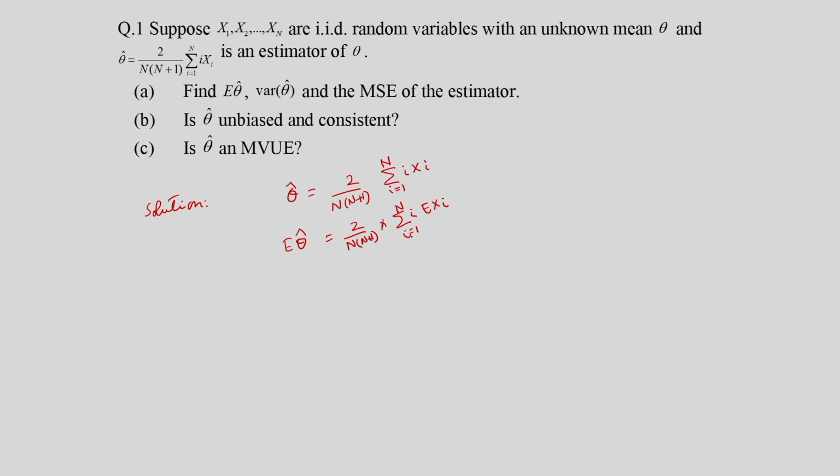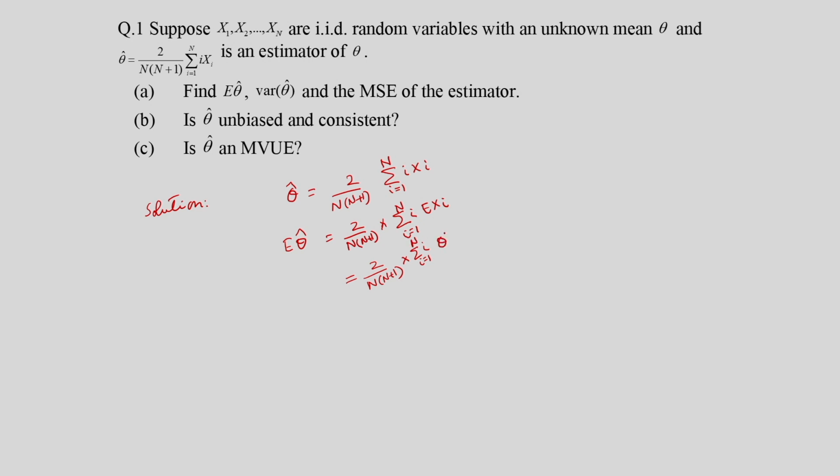Now the unknown mean is theta, therefore this will be equal to 2 by n into (n plus 1) into the summation of i, i going from 1 to n, into theta.